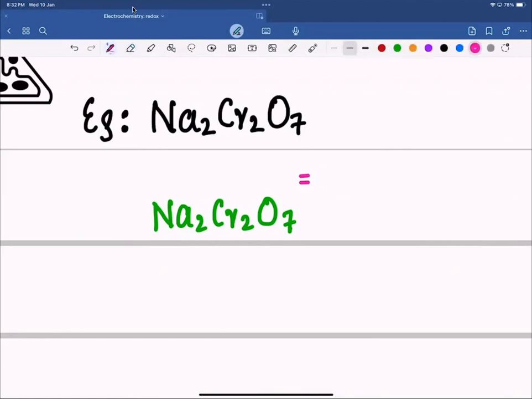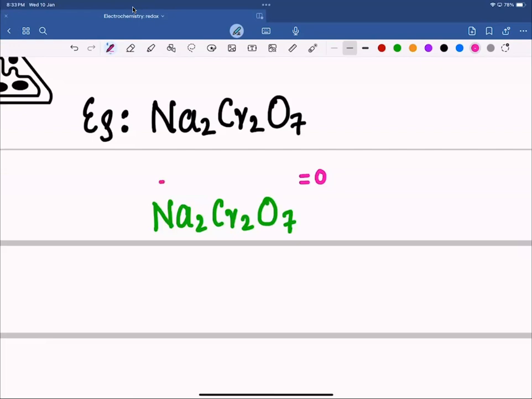Now tell me if there is any element from group 1, 2, or 3. Yes, Na.